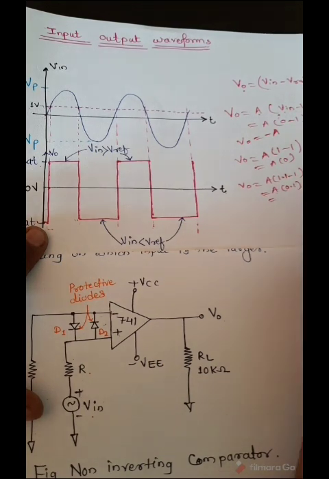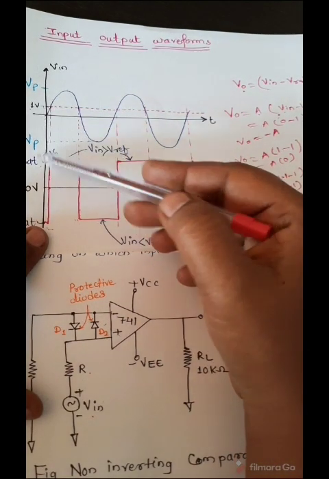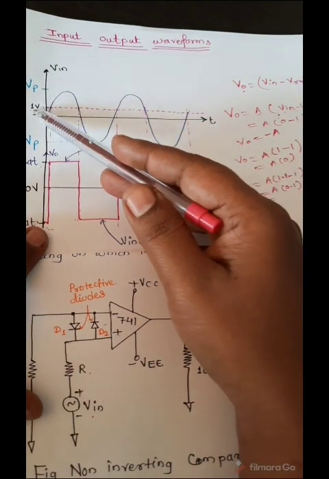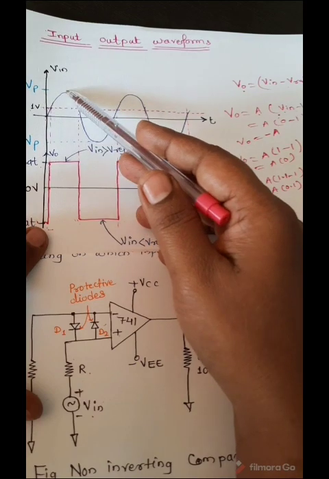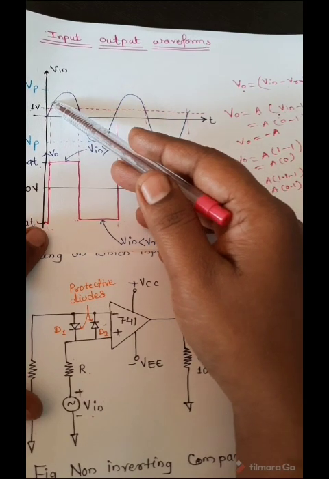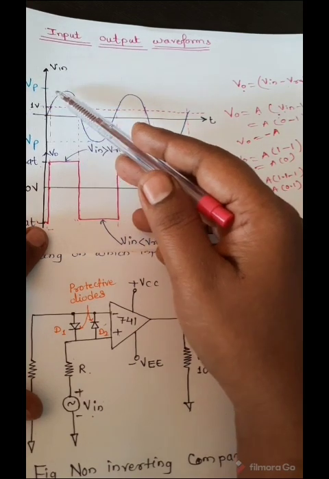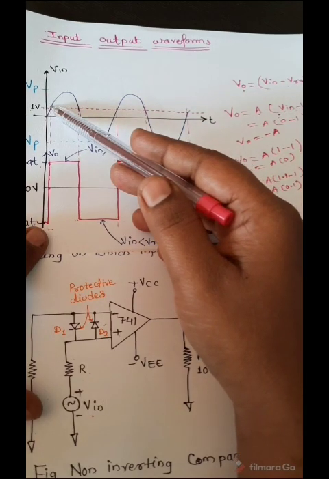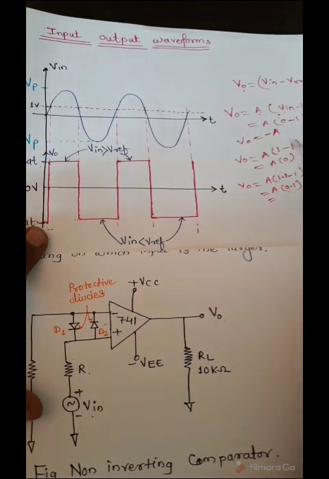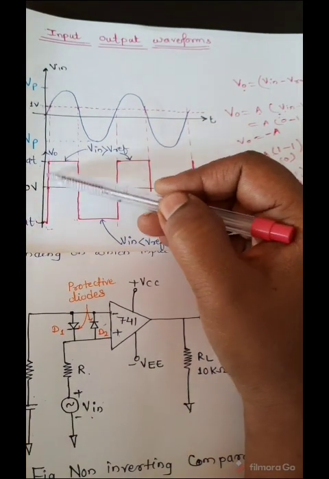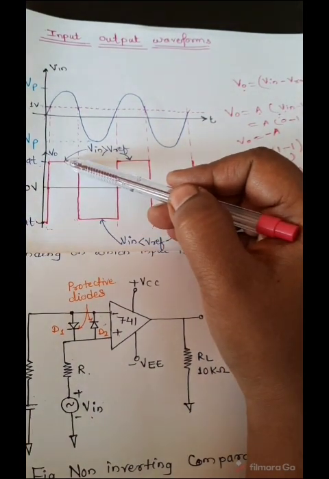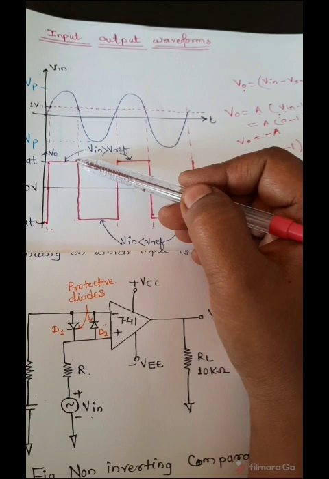The polarity is positive. So whenever Vin crosses the reference voltage and increases in the positive direction, the differential voltage has positive polarity, so the output switches from 0 to positive saturation.